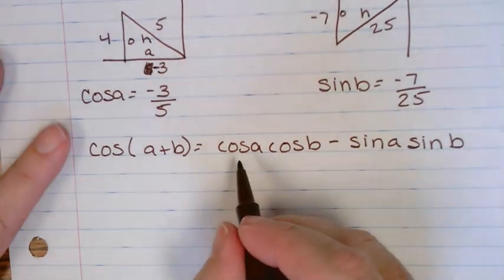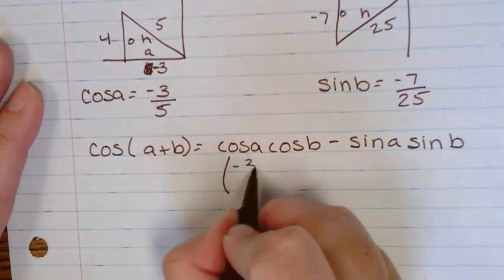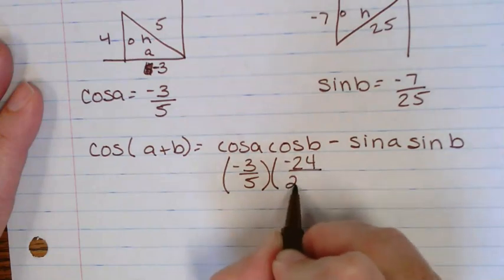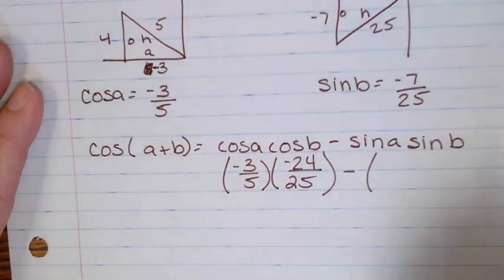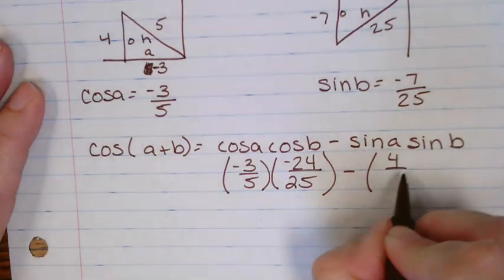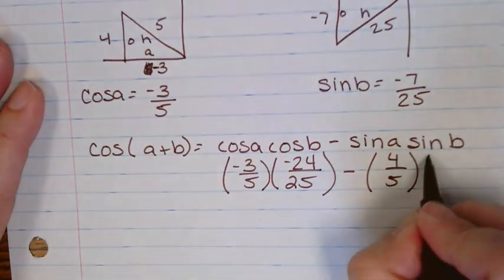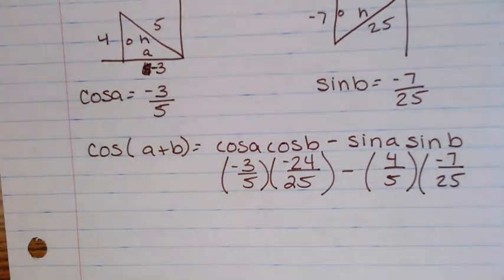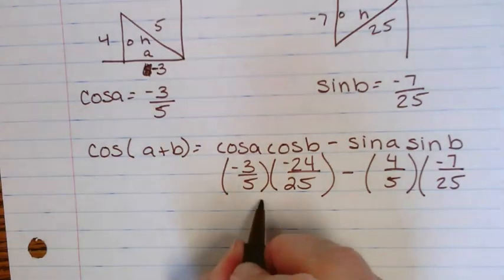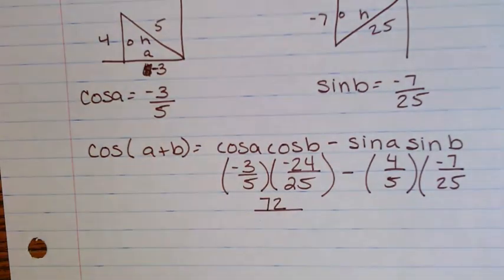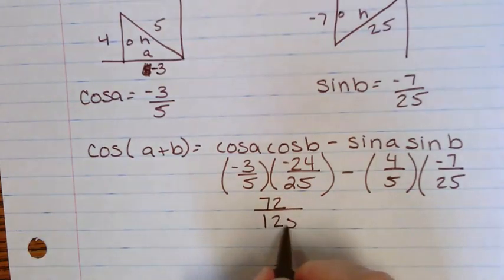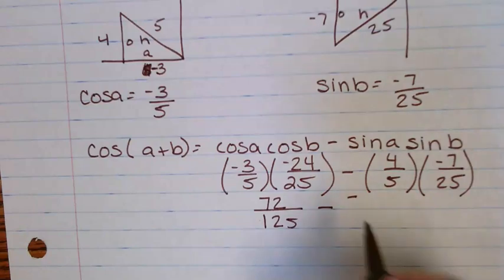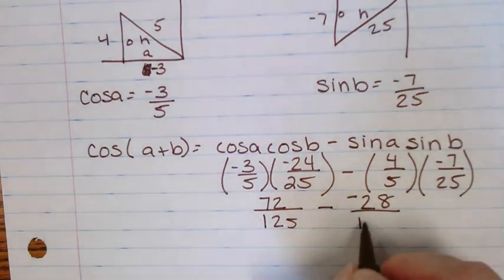Okay, cosine A is right here, negative 3 over 5. Cosine B is negative 24 over 25. Minus sine A, 4 over 5. And sine B is negative 7 over 25. Okay, so we get 72 over 125 minus a negative 28 over 125.